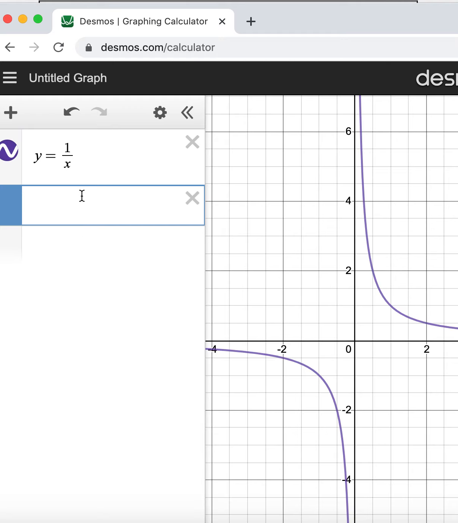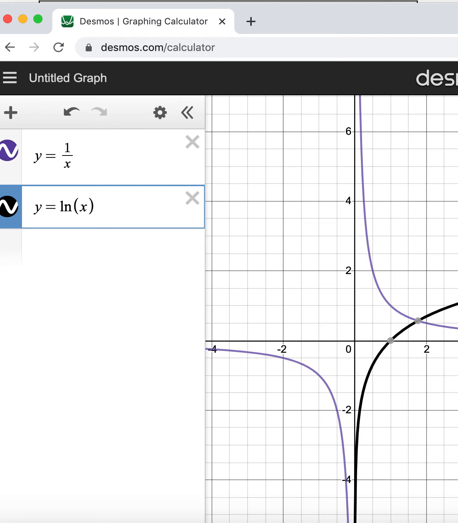What happens when we draw the function ln x? You may recall you can't take a natural log of a negative number. And so it doesn't have values on the left side of the origin here.